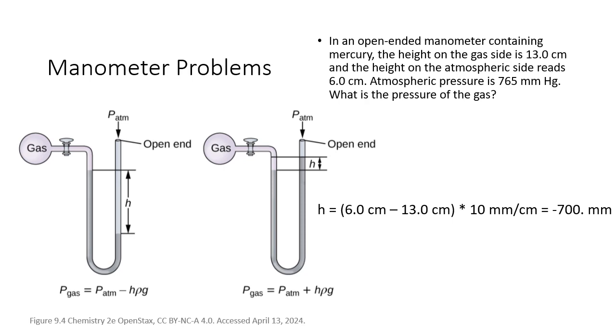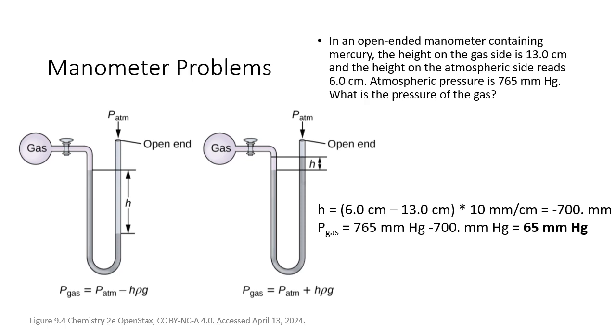And then I just take pressure of atmosphere plus negative 700, and that gives me 65 millimeters of mercury as the gas pressure.